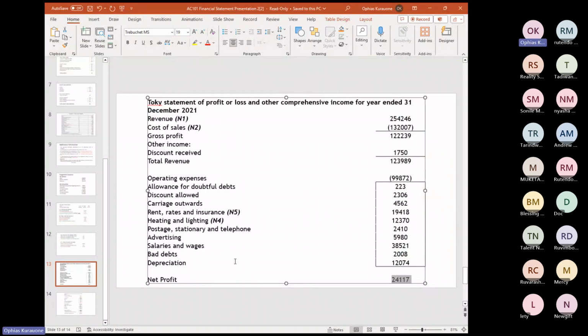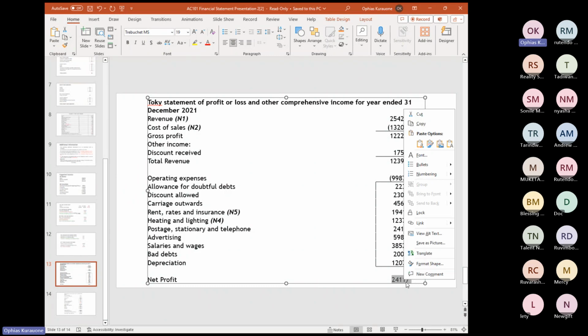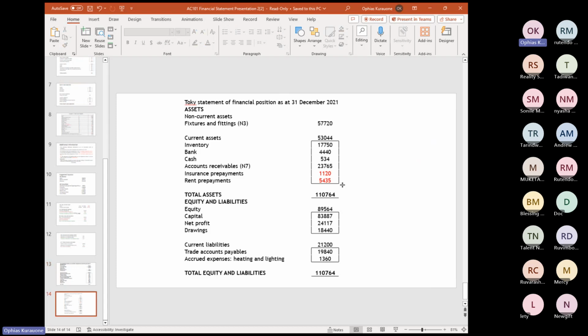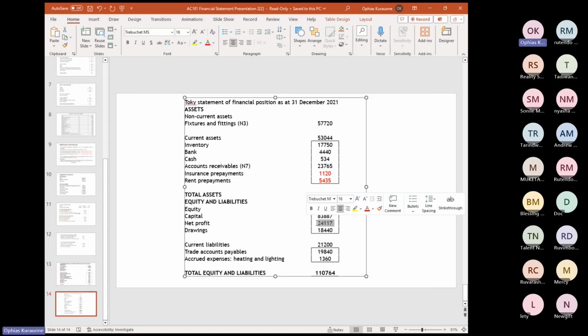So we are saying here the profit, 2417 here, is the profit which you are going to add again here. If your figure is wrong on the profit and loss account, it means here it's going to be wrong the same. Then drawings reduce capital. That's why they are there. They reduce the owner's equity, capital.